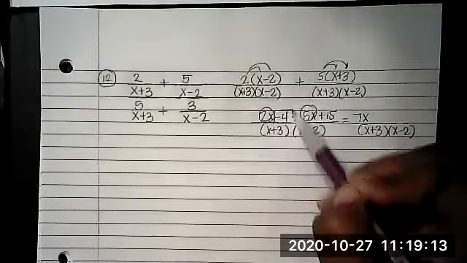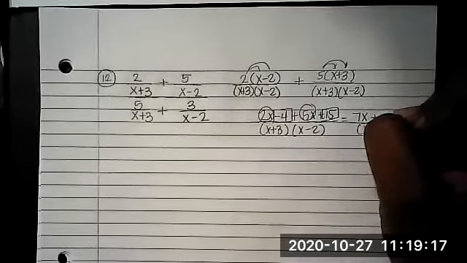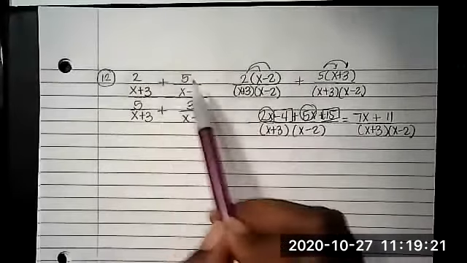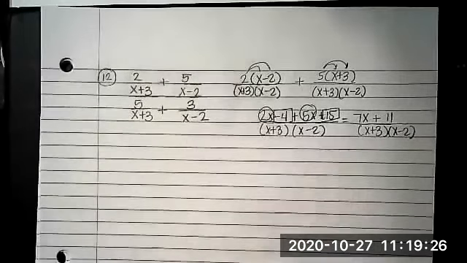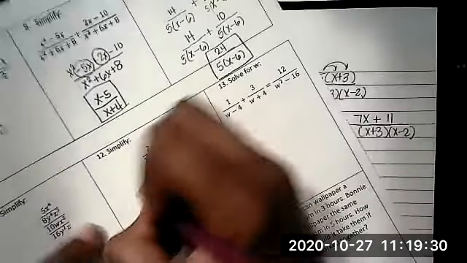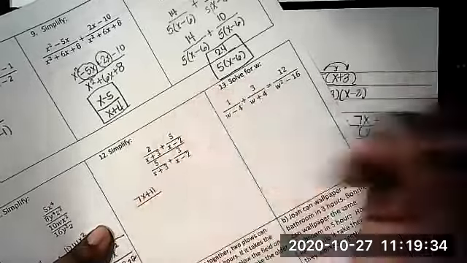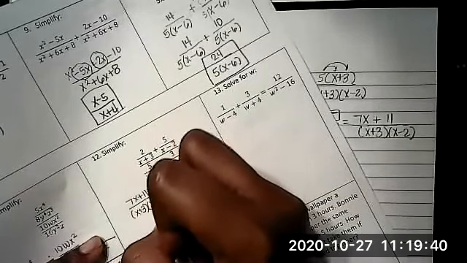And then we have negative 4 plus 15. That looks like it's going to be positive 11. So this is just what's happening up top. So up top, we now have 7x plus 11 over x plus 3 and then x minus 2.